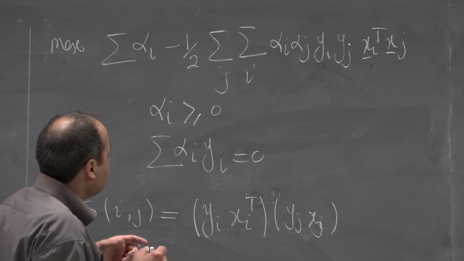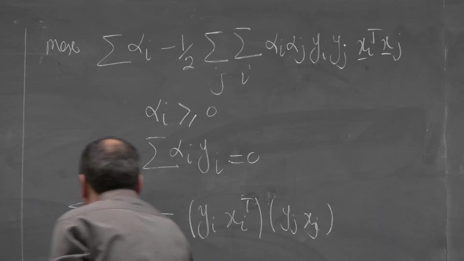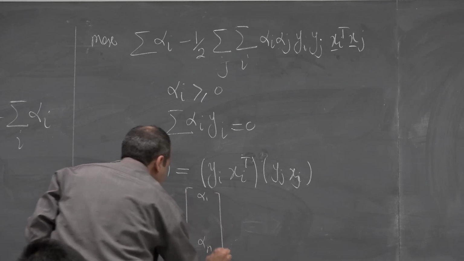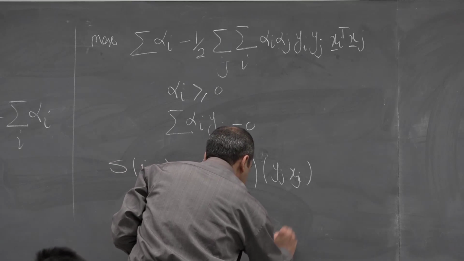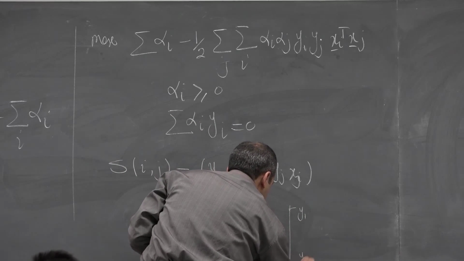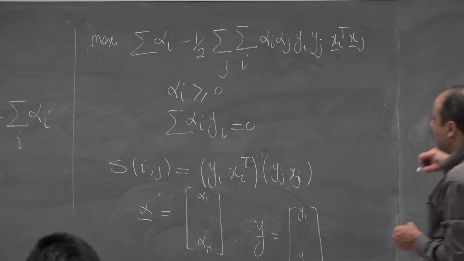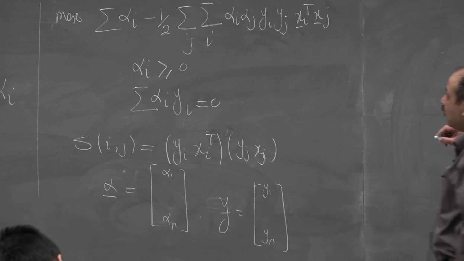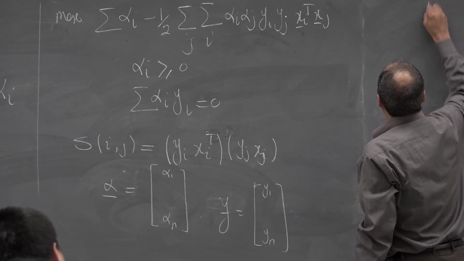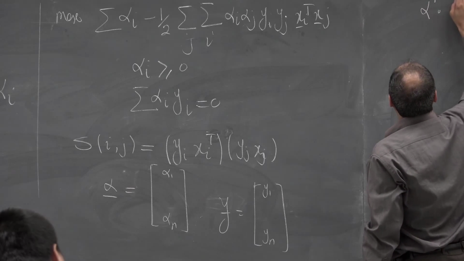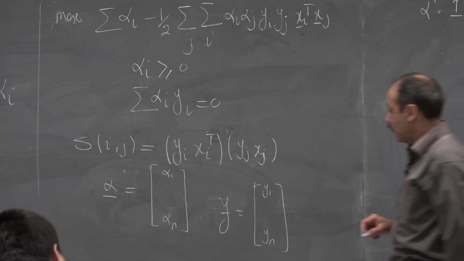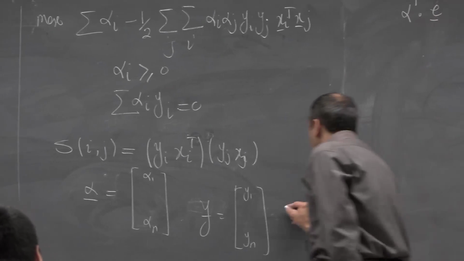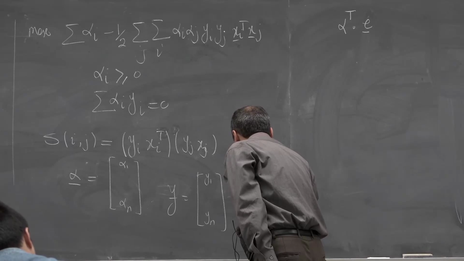If I have this n by n matrix, and I define alpha to be a vector of alpha 1 to alpha n, and y to be a vector of y1 to yn, then I can write the summation of alpha i as alpha transpose E, where E is a vector of all 1s.